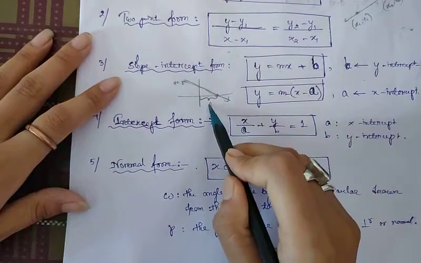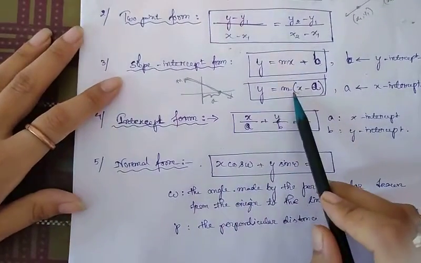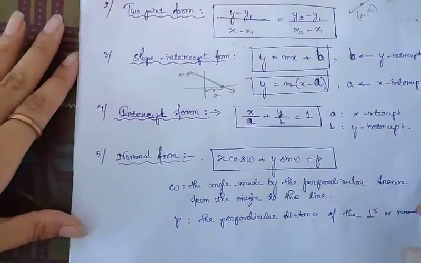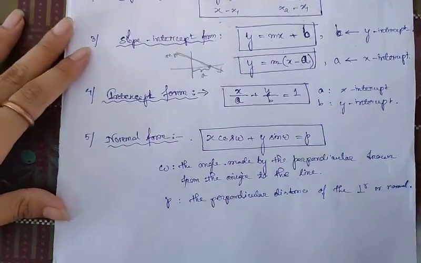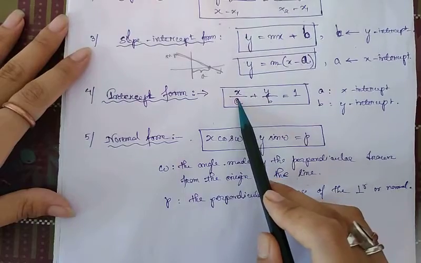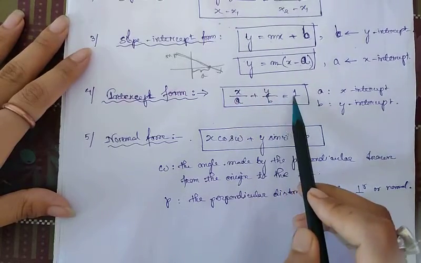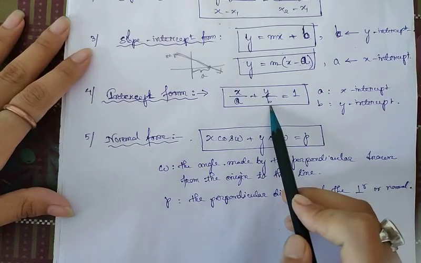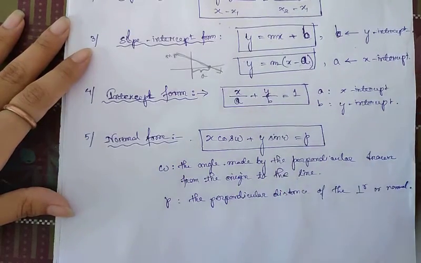This is called your x-intercept. Then the formula will be y equal to m into x minus a. Clear? Next is the intercept form: x by a plus y by b equal to 1, where a is your x-intercept and b is your y-intercept.